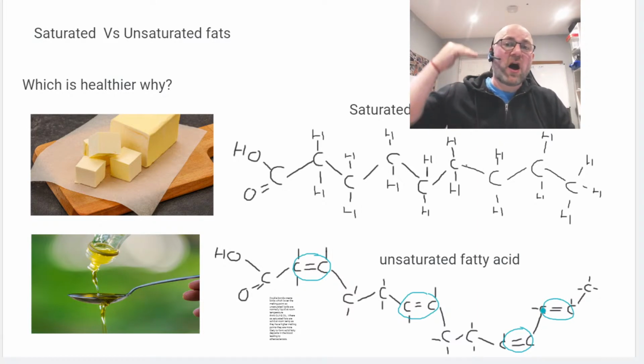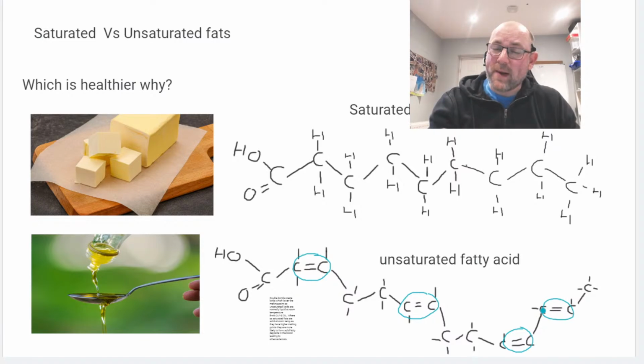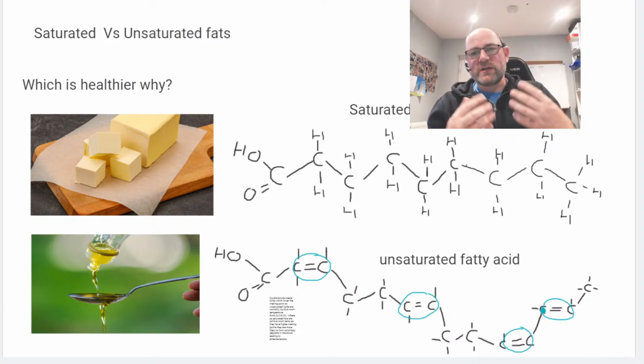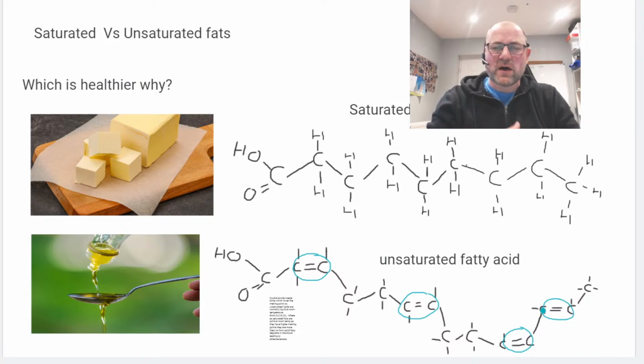Saturated fatty acids have higher melting points, hence why butter is solid at room temperature. This means they're more likely to form solids in your arteries and clog up your arteries, reducing blood flow to the heart, leading to coronary heart disease. So it's kind of healthier to have lots of unsaturated fatty acids in your diet.